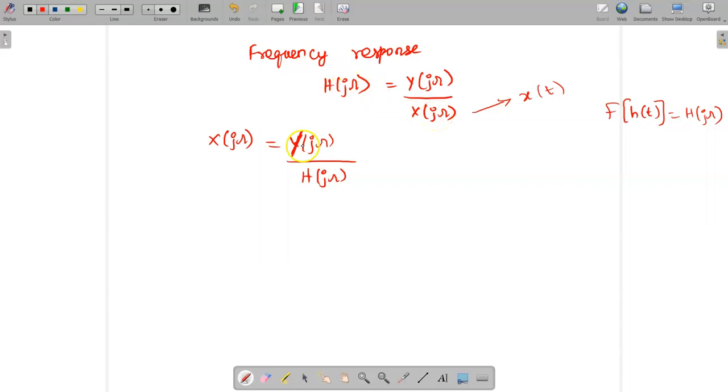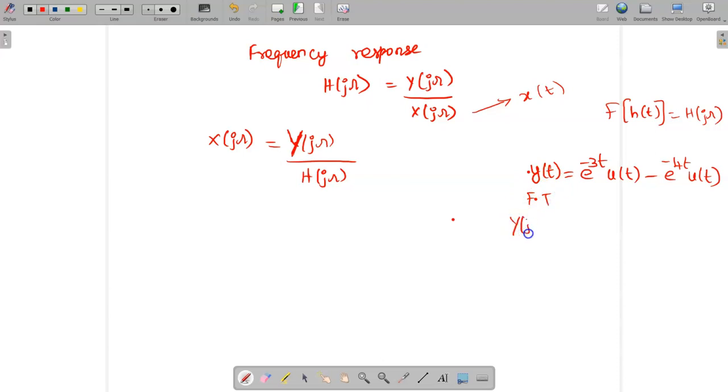So X(jω) = Y(jω) divided by H(jω), and in the problem they have given y(t). What is y(t)? y(t) is e^(-3t)u(t) minus e^(-4t)u(t). So using this you can find Y(jω) by applying the Fourier transform.